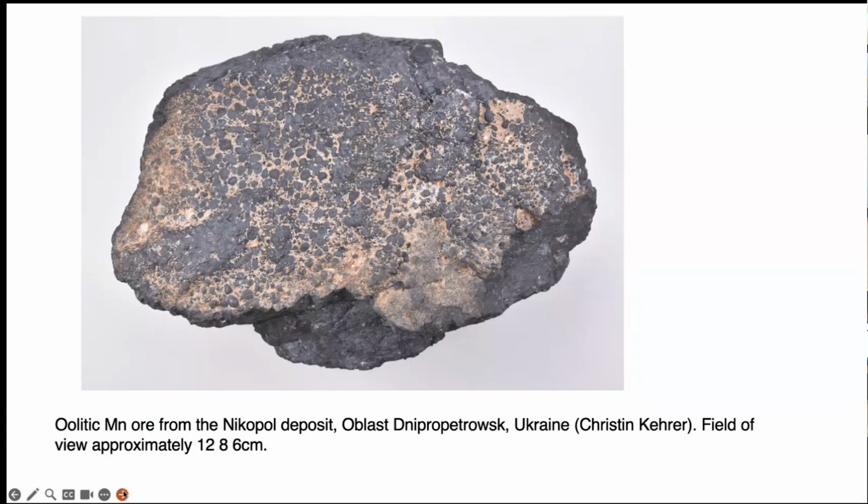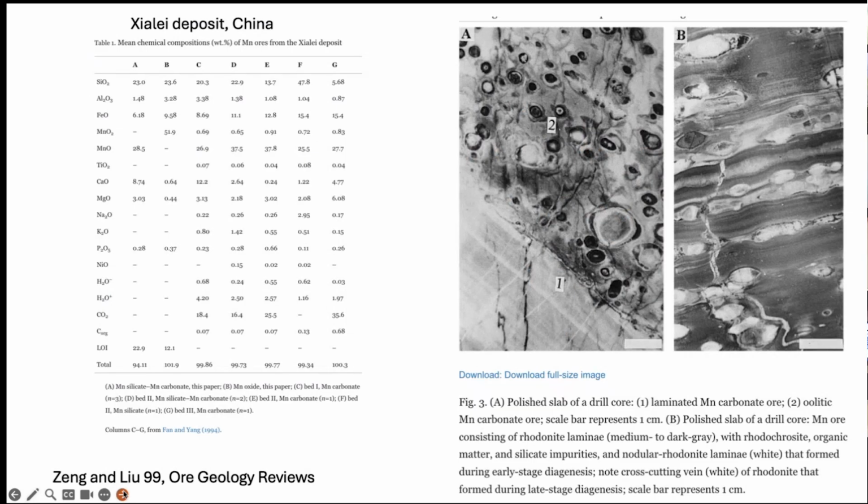This is what it looks like. This is oolitic manganese ore from the Nikopol deposit, and you can see the individual manganese oolites, right? This is one from China. So this is the chemical composition in weight percent.